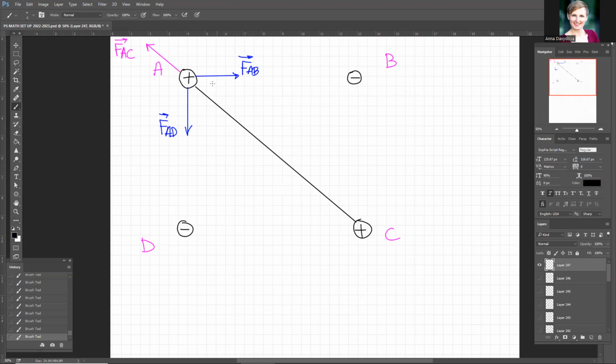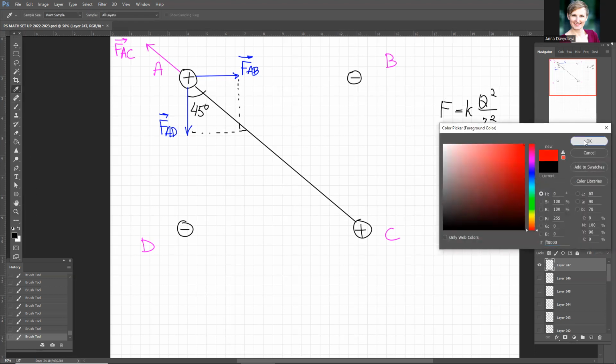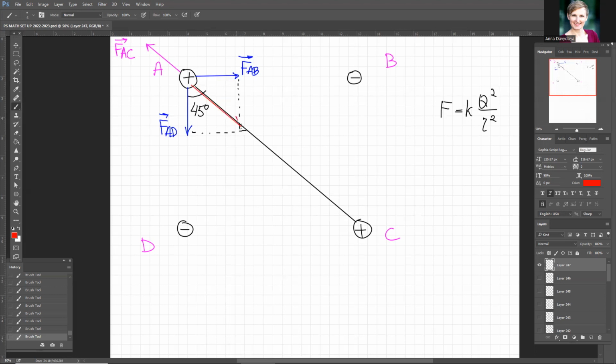Speaking about the direction, it's pretty obvious and doesn't require any additional calculation to state that this is a 45-degree angle, because the charges are the same, so the force is the same for FAD and FAB. The two vectors are the same in magnitude, so their sum will also form a diagonal, and we know that the diagonal of a square cuts the square at 45 degrees.